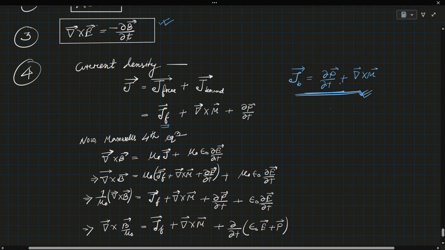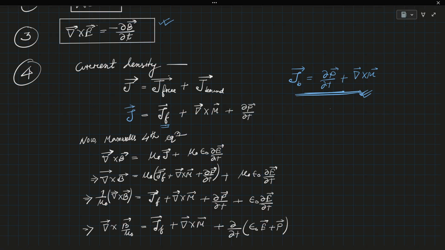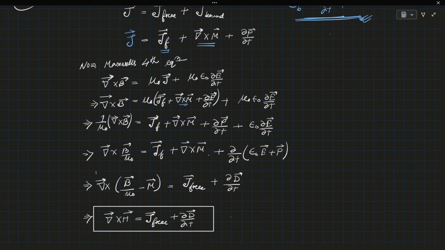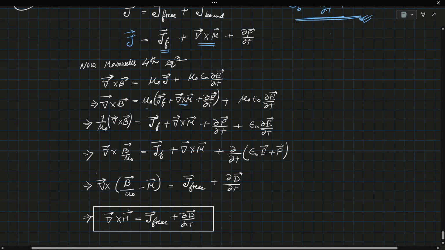Now let's put this J term, J equals this, right? Let's replace this in the fourth equation. What is the fourth equation? Del cross B equals mu naught J plus mu naught epsilon naught del E del T, right? So J can be written as JF plus del cross M plus del P del T, right? Here is also mu naught, here is also mu naught, right?